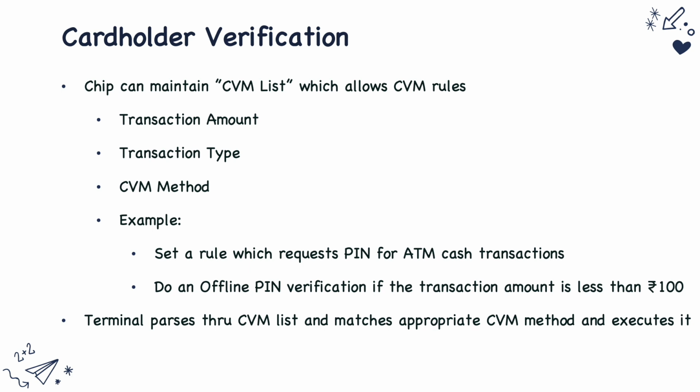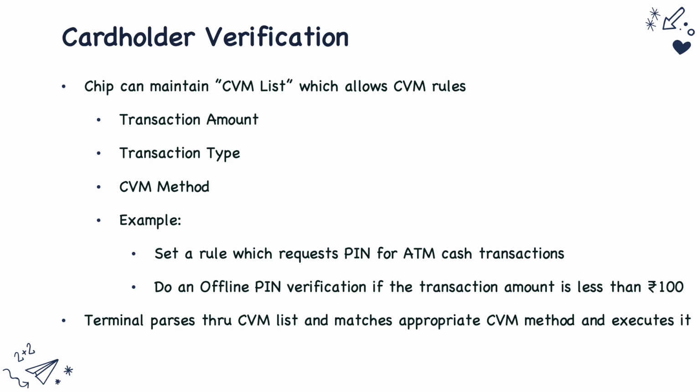The chip maintains something called a CVM list, which allows the issuer to provide different CVM methods for various types of transactions. You can assume this is something like multiple records, for different transaction types like cash, purchase, etc., and based on the transaction amount, the CVM method can be set.